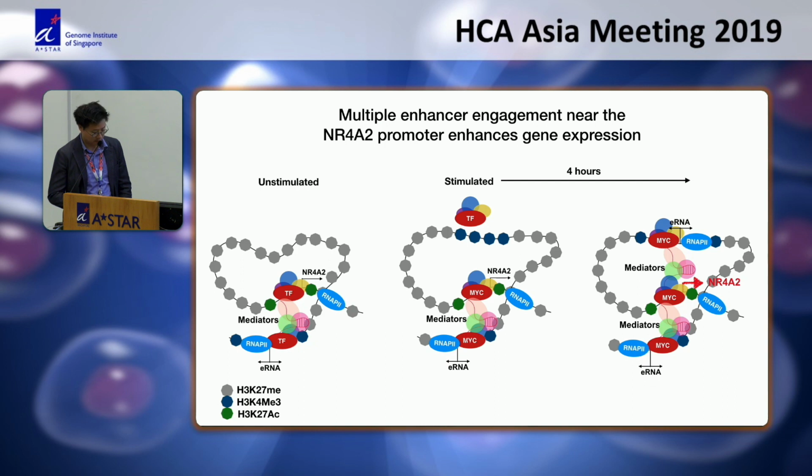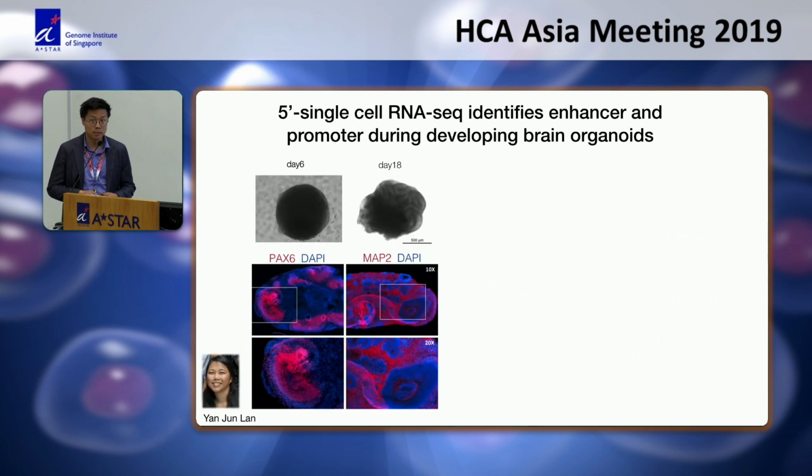We have another example of doing this in brain organoids. So we take healthy human iPS cells, we differentiate them into 3D organoids, and you can appreciate these complex structures even at day 18. If you stain them with MAP2 for mature neurons or PAX6 for progenitor cells, there are different compartments within these organoids.